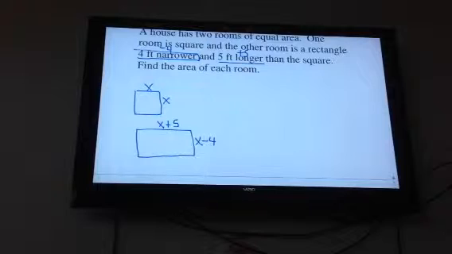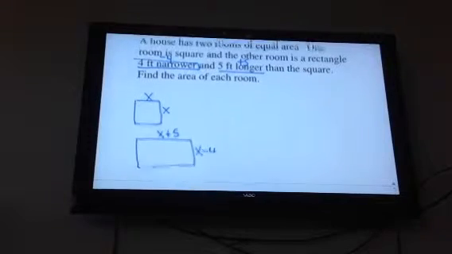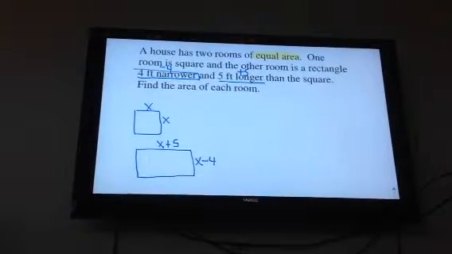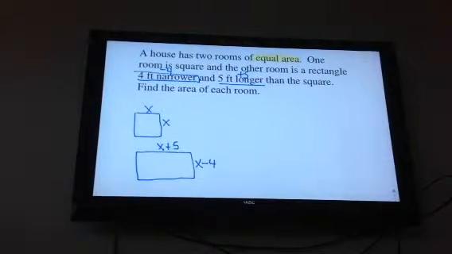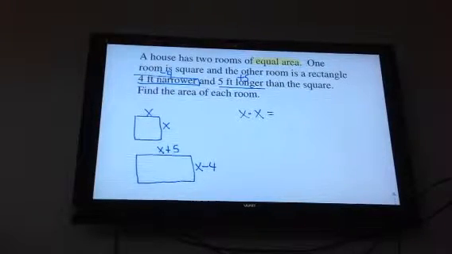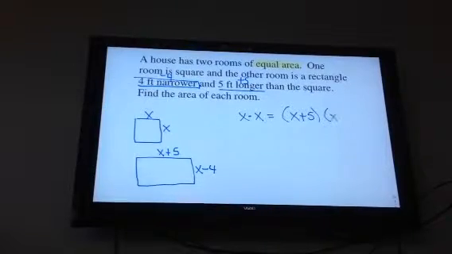It's longer but narrower. But back to the beginning, equal area. So the area of the square room equals the area of the rectangle room. Area is length times width. So x times x equals x plus 5 times x minus 4.